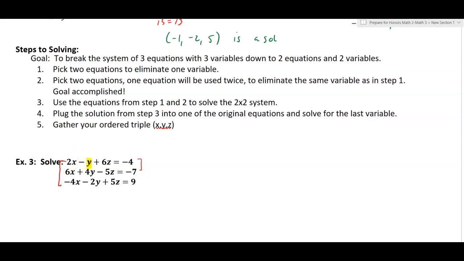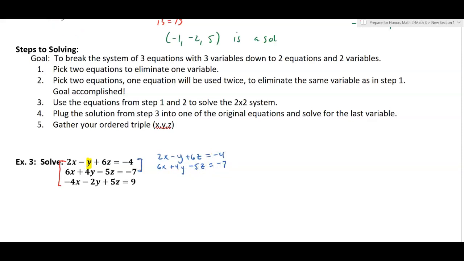So what I'm going to do is pick the first 2 equations. I'm going to pick these 2 equations, 2x minus y plus 6z equals negative 4. Then I'm going to take this, 6x plus 4y minus 5z equals negative 7.